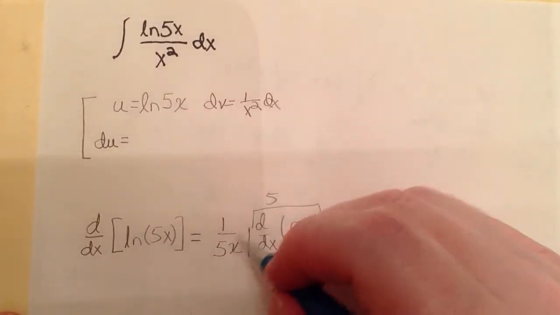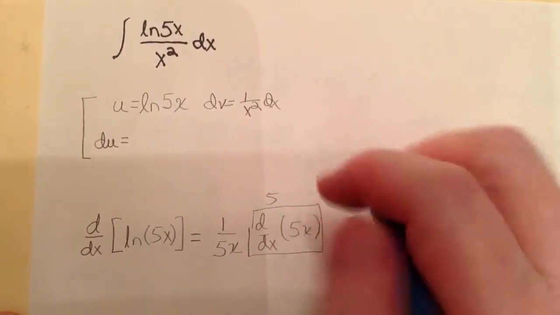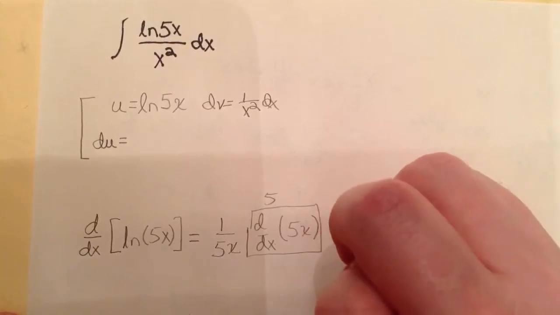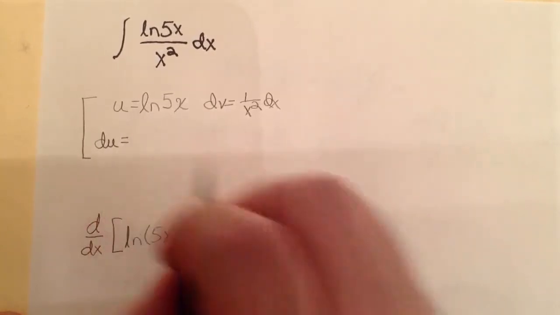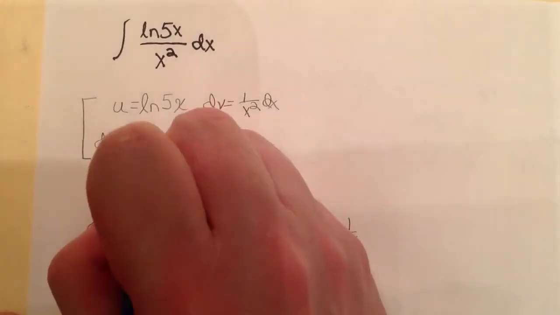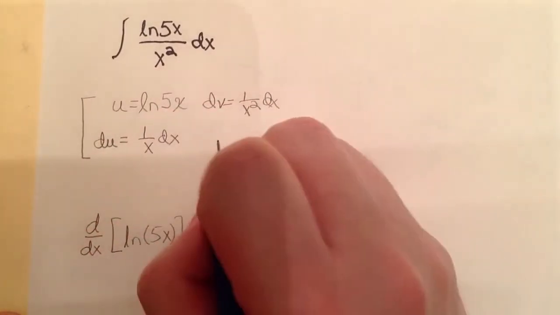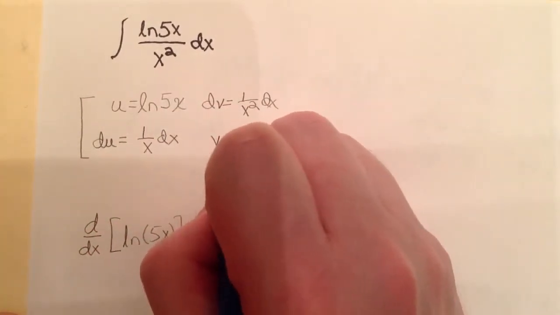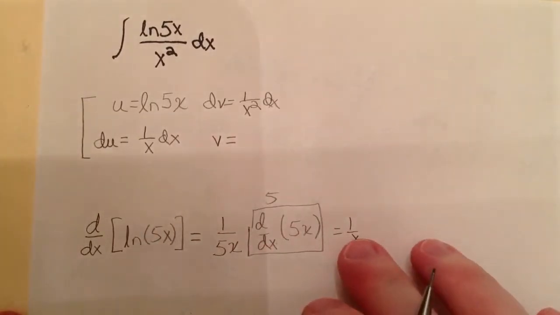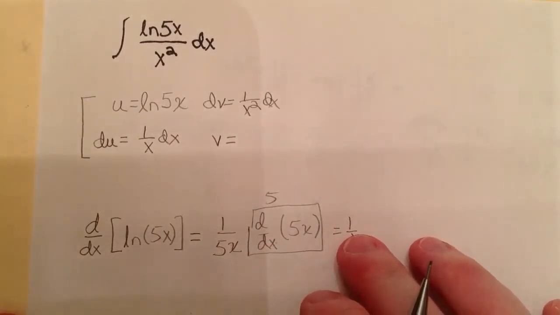So you have 1 over 5x times 5. That is going to be 1 over x. So du is going to end up at 1 over x dx.